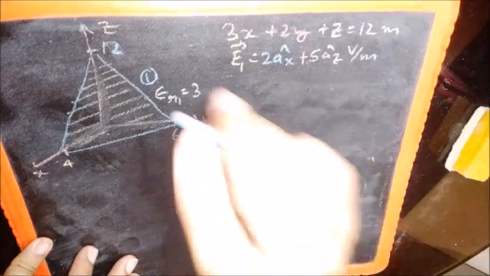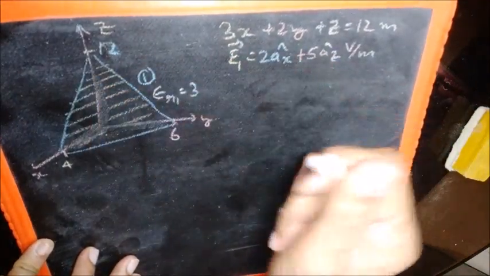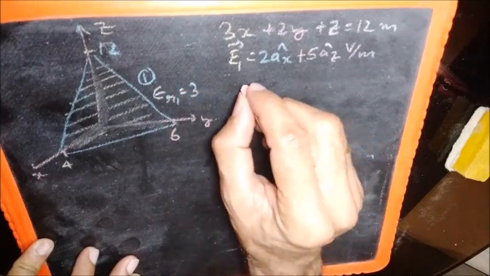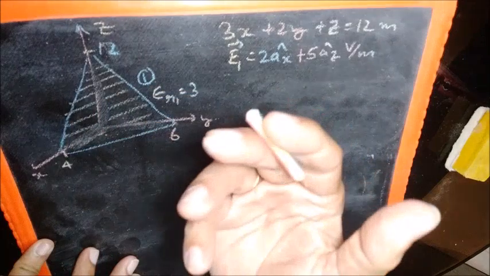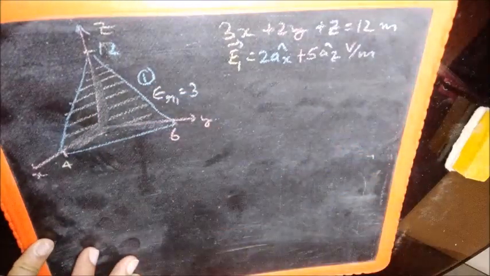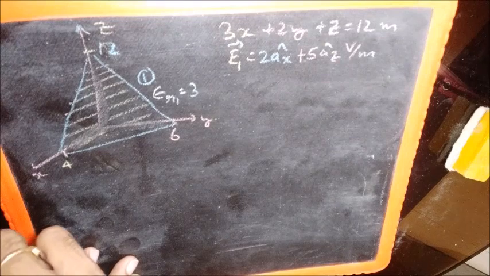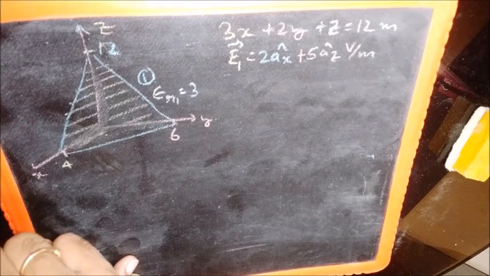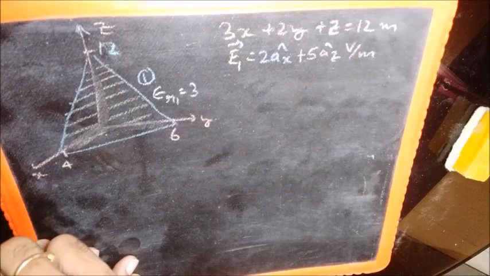Our first job is to find out, we are going to use the boundary conditions, of course, and just to recall, tangential components of the electric field will be continuous across the boundary, and the normal component of the electric flux density will be continuous. In this case, nothing is mentioned about the charge on the interface, so we will take the interface as charge free.